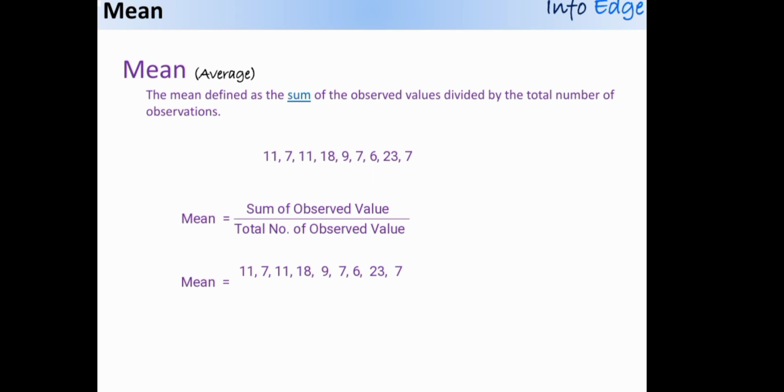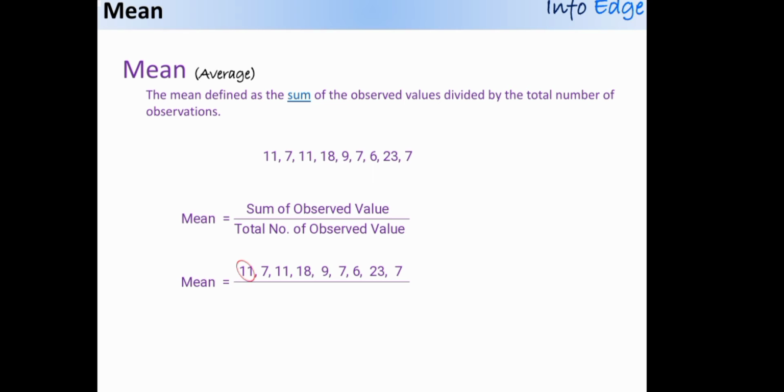The mean is equal to the sum of the above set values divided by the total number of observed values, which means we count how many observed data values are available here.